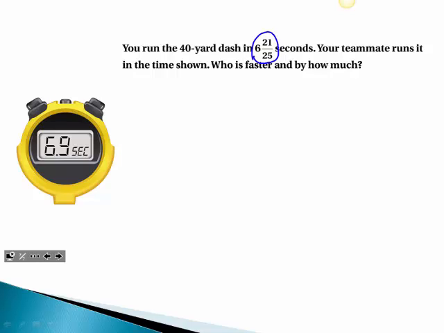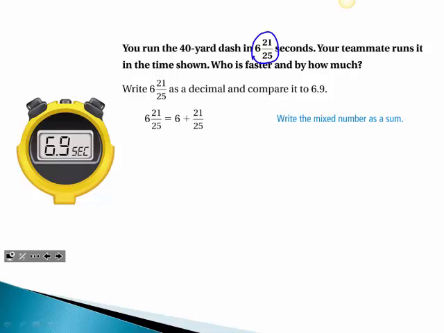So because of this lesson, we're going to turn this fraction into a decimal and compare it to 6.9. There's two different ways you could do this. You could just do 21 divided by 25, or you could notice the 25 could turn into 100 if I times it by 4. You can use either one of the methods you learned today.